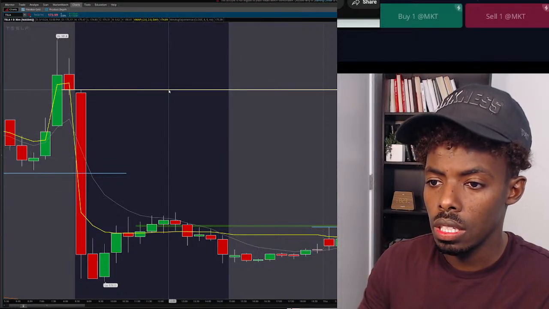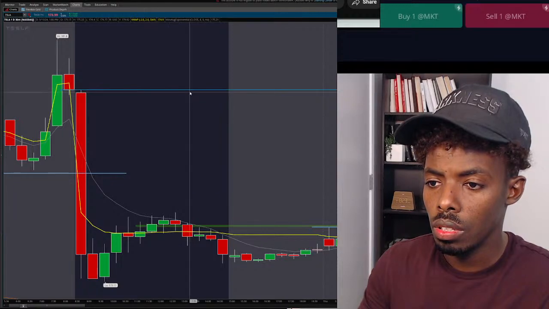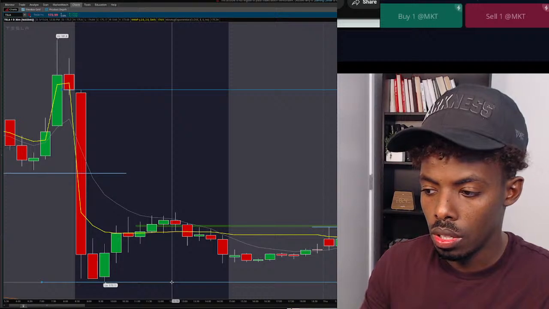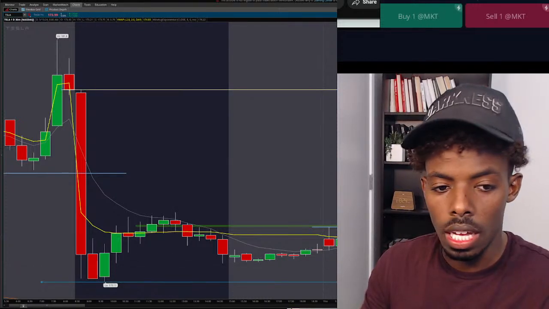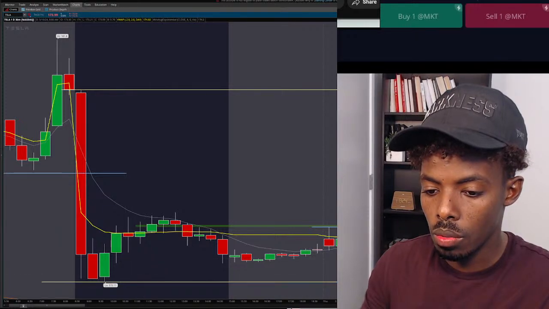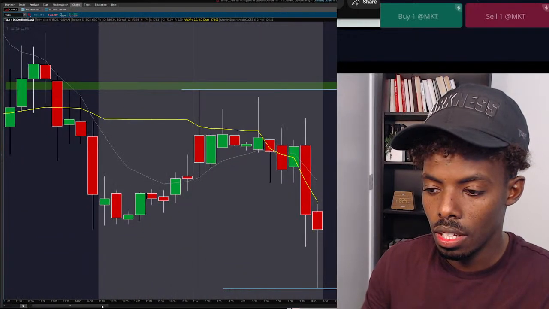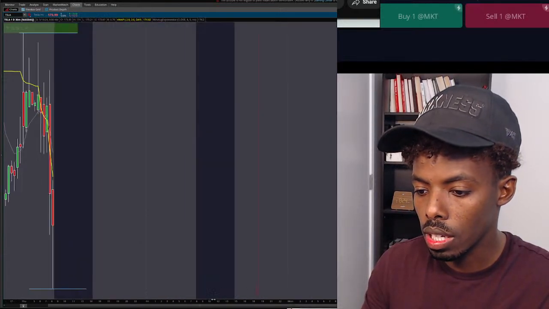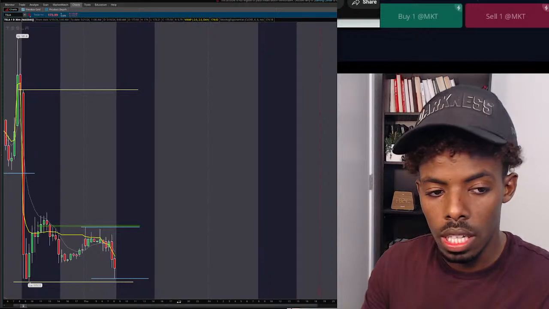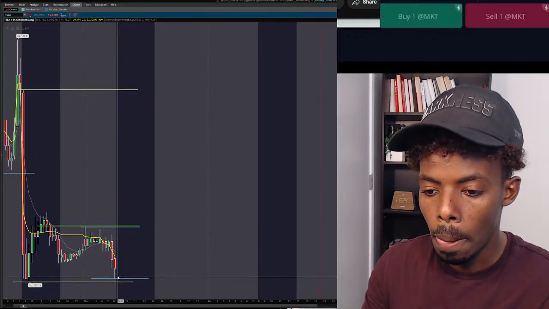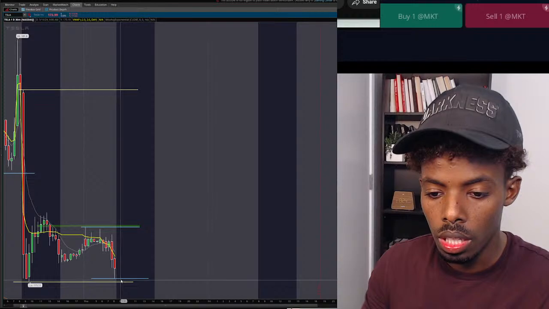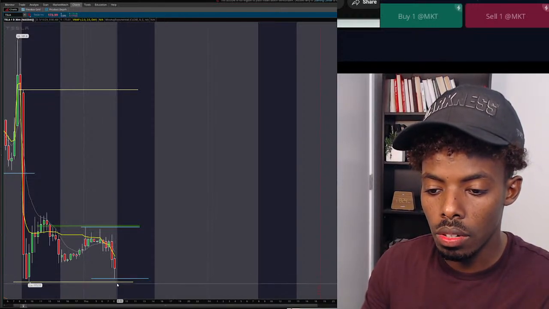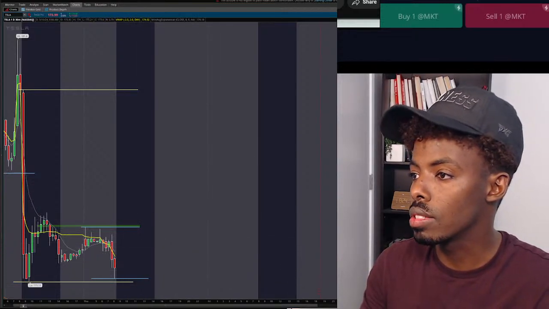And then here's the low. Well, look at that. Guess what we're at right now? We're getting pretty close to it, I'm not gonna lie. You guys can't see it, but this is the low of yesterday, and this is where the price is right now. We're getting close to cracking here and going all the way down. We'll see what happens.